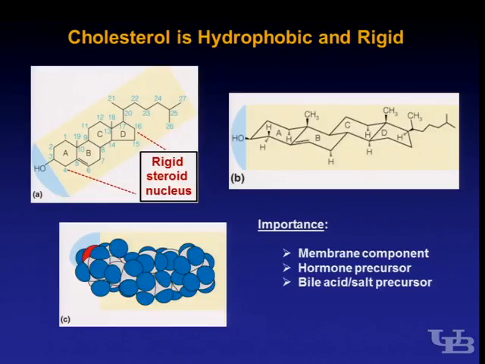So this can go off to make hormones, but this rigid structure here, the amount of cholesterol in different membranes can vary. So if we're ultimately trying to understand even the function of membranes and the fluidity and the ability of proteins to traverse through and signal and so forth, the more cholesterol you have in there, if this is a real rigid molecule, it's going to have an effect on the fluidity of membranes.